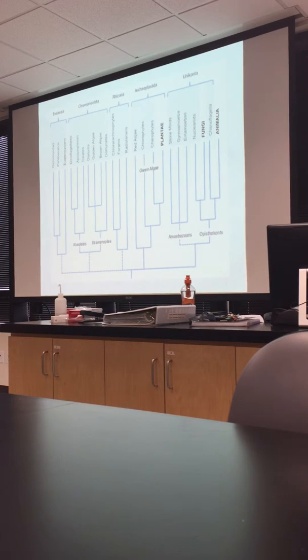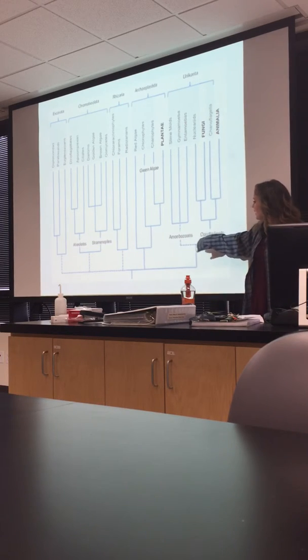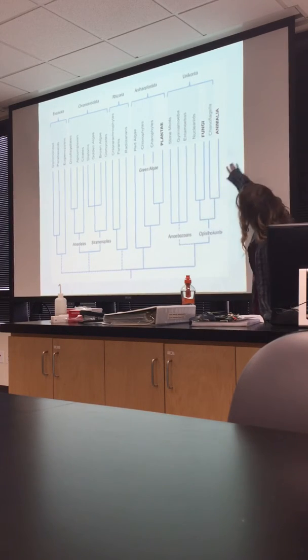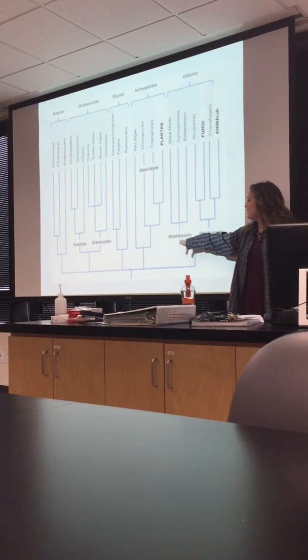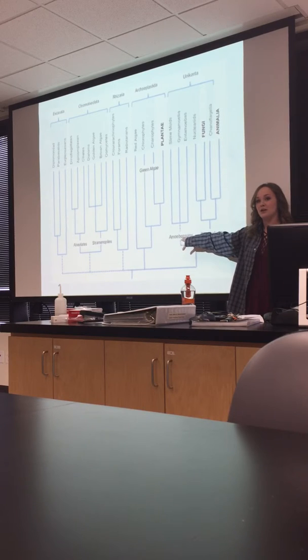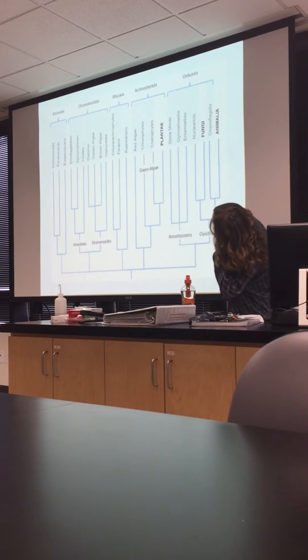There are questions where you're going to need to know the clade. So, amoebozoans. We went over amoebas, so you need to know that amoeba is under the clade amoebozoans. What else did we go over?